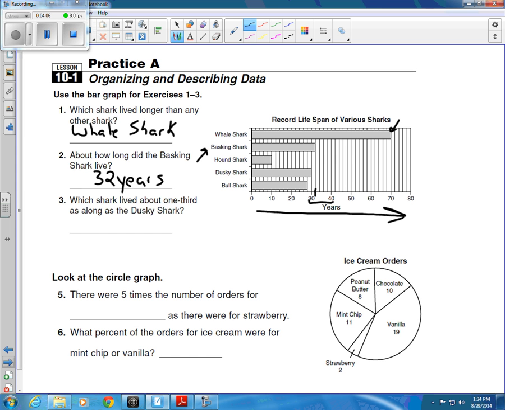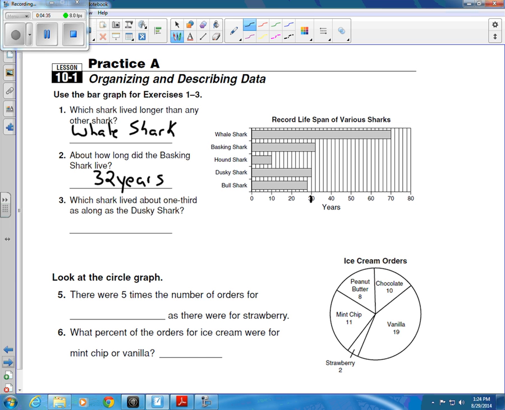Third question, which shark lived about 1/3 as long as a dusky shark? In order to answer this question, we first need to figure out exactly what's going on with the dusky shark. I'm going to erase these marks I have up here. Dusky shark looks like it goes right there, and that looks like it's all the way up to 30 years.